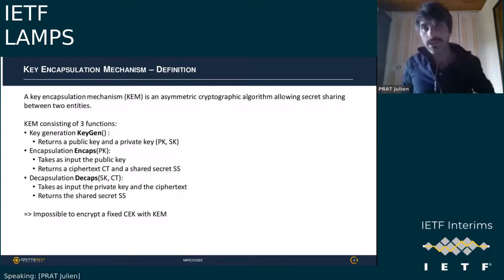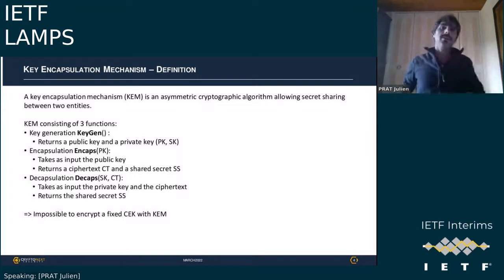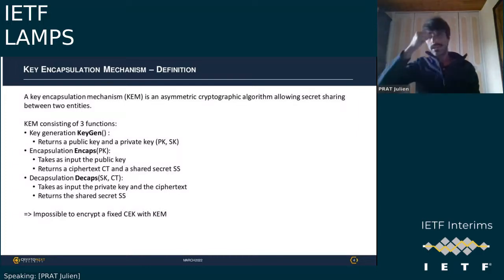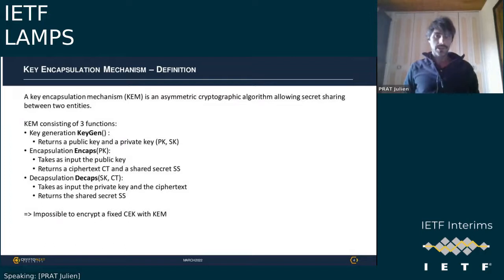So yes, just as a reminder, here we remind what a key encapsulation mechanism is. It's a cryptographic algorithm allowing secret sharing, and it consists of three functions: a key generation mechanism, an encapsulation function, and a decapsulation function.